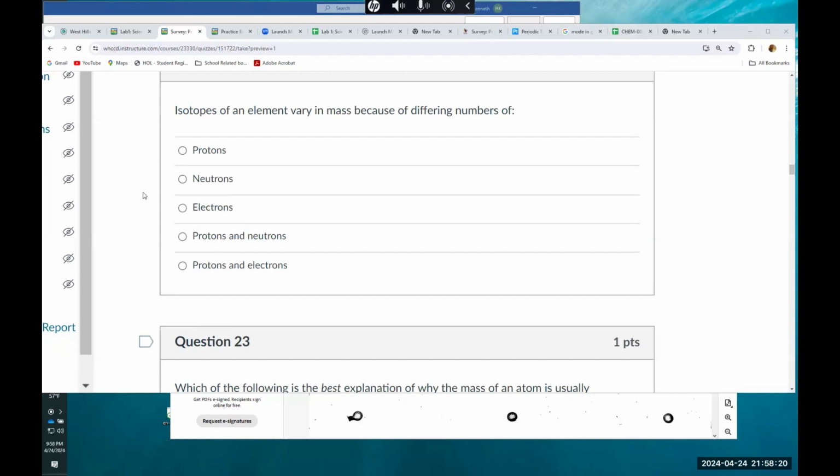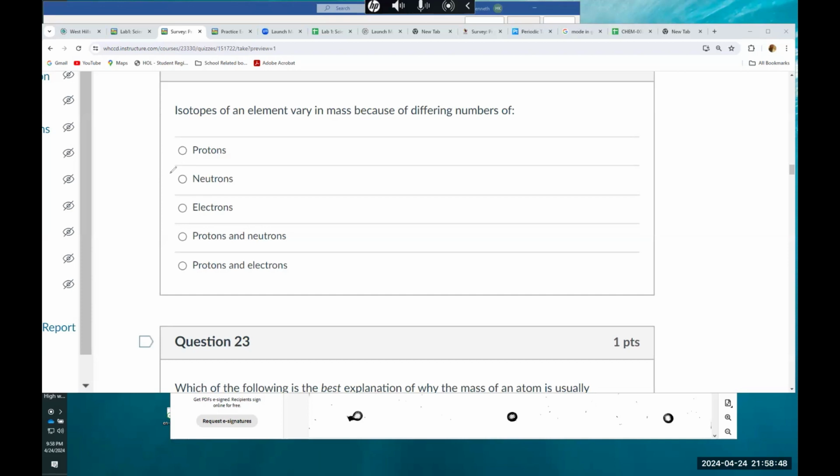Okay. Isotopes of an element may vary in mass because of different numbers of protons, neutrons, or electrons? Do they change in protons? No. What do they change in? I think it's neutrons.